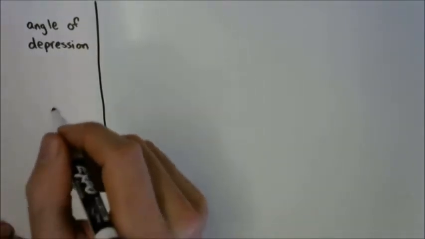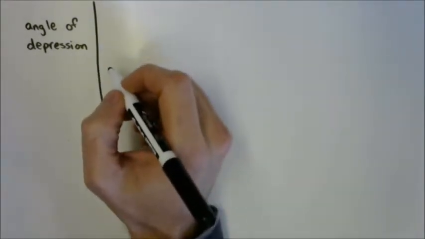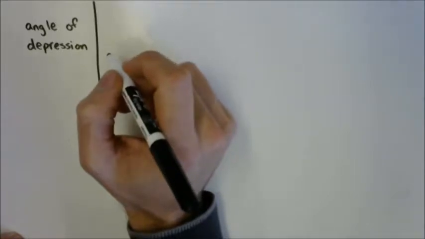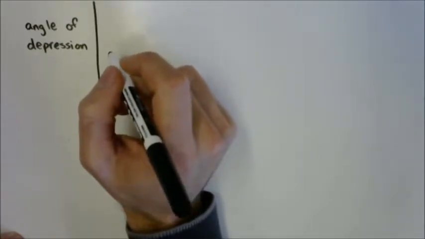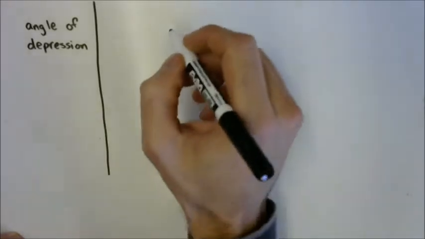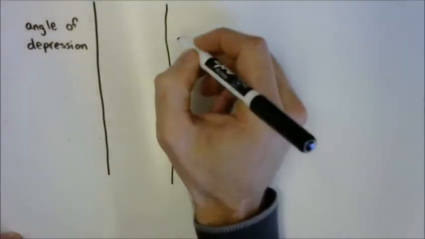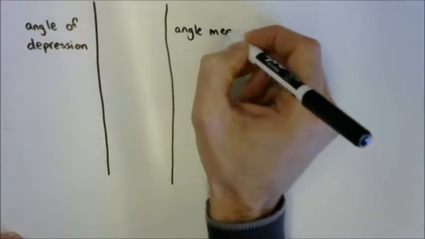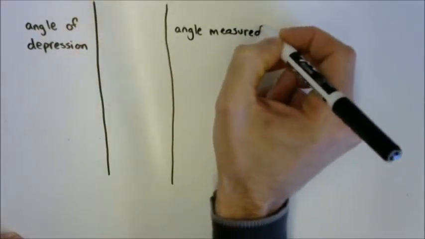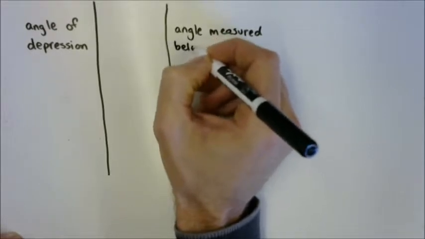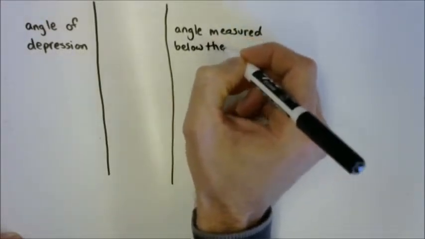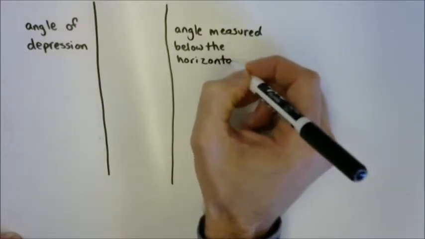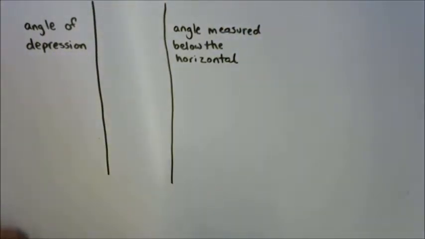So the angle of depression is the angle measured below the horizontal. We'll explain what horizontal is in just a moment.